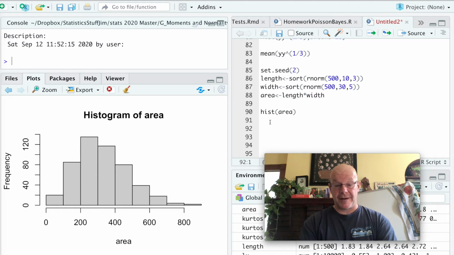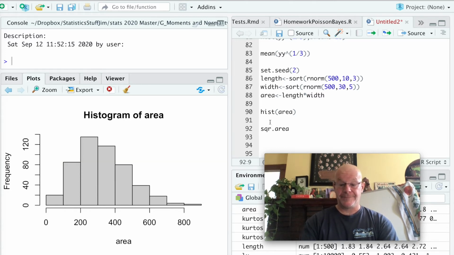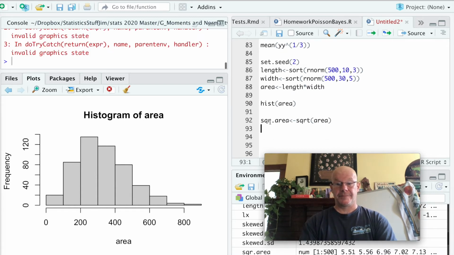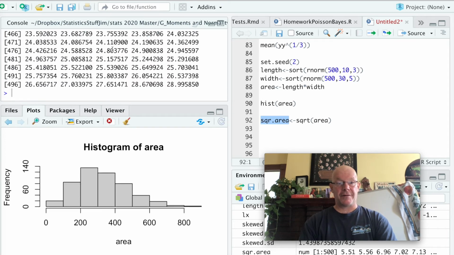So I'm gonna actually create a new object this time called square root of area. And I'm gonna say that it's gonna be the square root of area. Okay, so now we have it in units that are square rooted. Let's take a histogram of that, square root of area.